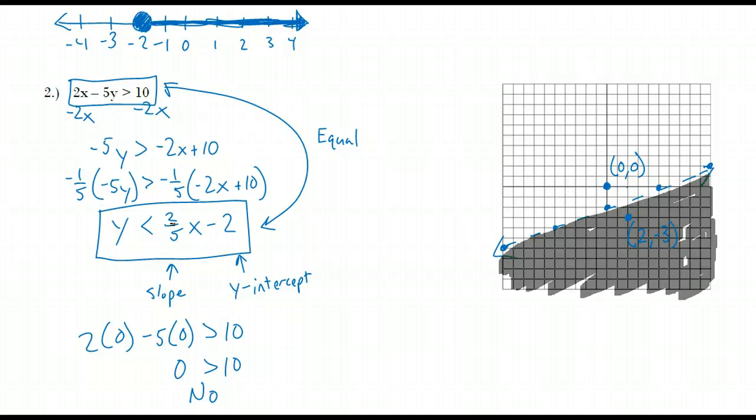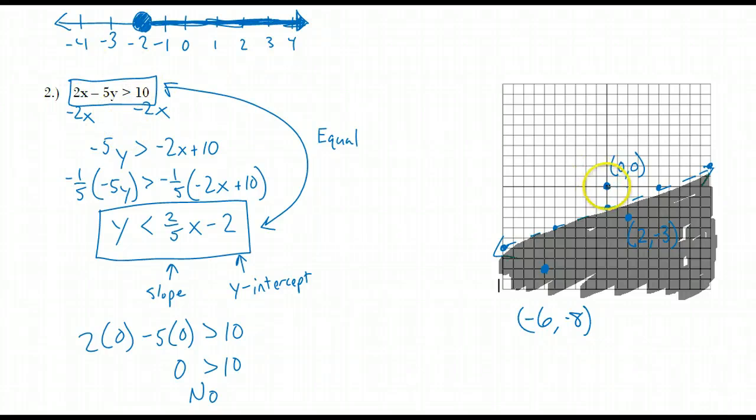If I pick this point down here, which is 1, 2, 3, 4, 5, 6, negative 6, negative 8. Negative 6, negative 8 is a solution. If I plugged in negative 6 for x and negative 8 for y, I'd end up with a true statement.